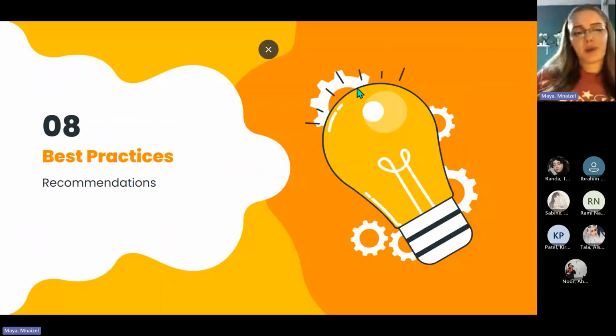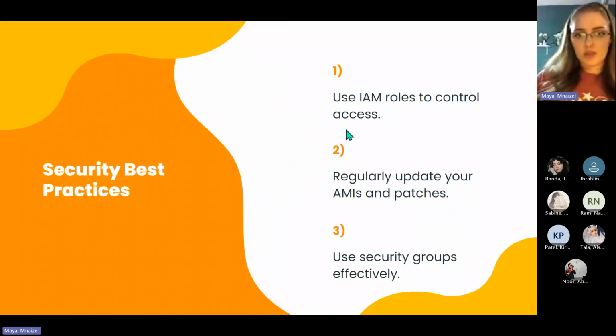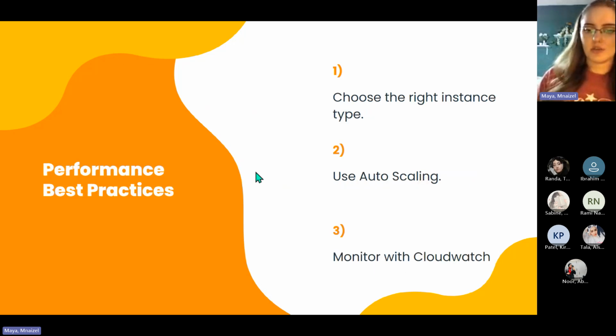Okay, so for best practices and recommendations, for security you can use IAM roles. We have talked about roles to control access. This is more suited for EC2 instances, so please use roles, not users. You have to regularly update and patch your AMIs and use security groups effectively, like we have seen with our HTTP and HTTPS rules.